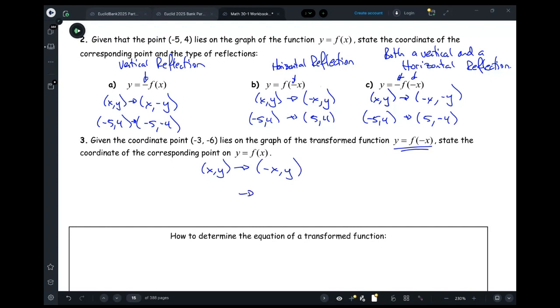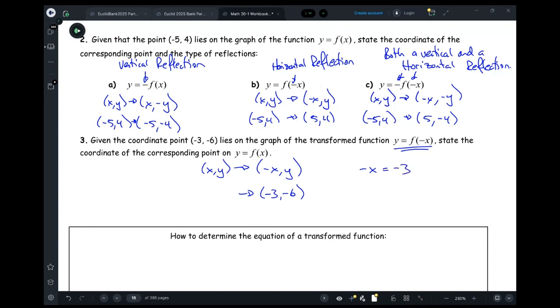And really what's happened here is we've got the point negative 3, negative 6 here, and I want you to go backwards. Now, for this particular question, I don't think that's particularly hard to see what's going on here, okay? But these are going to get more complicated as we go. And so one of the things that we might do here is we might say, okay, right now as it stands, I know that that negative x is equal to negative 3.